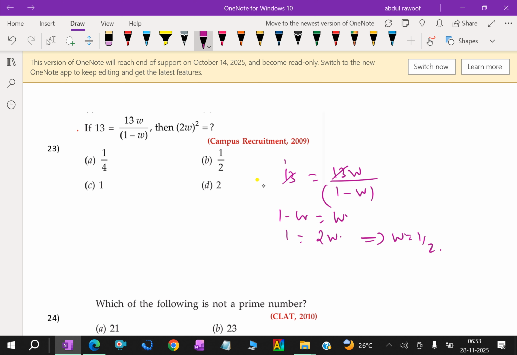Check one more time. Here 2w is what is needed, not w. We need w equal to half, then 2w whole square. 2 into half whole square equal to 1 square is 1. So option C.